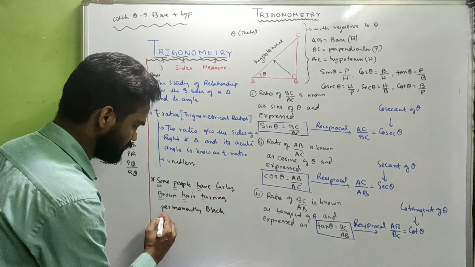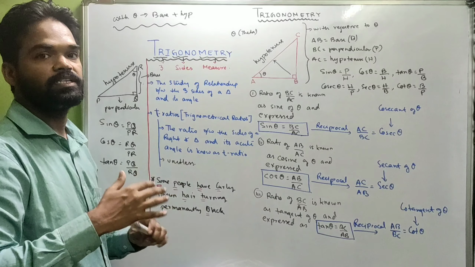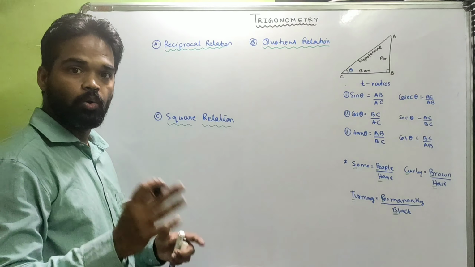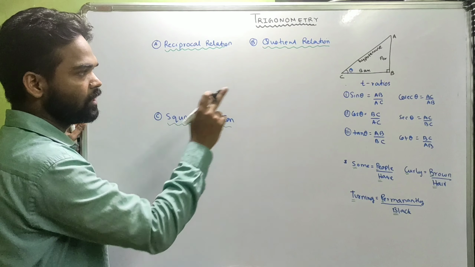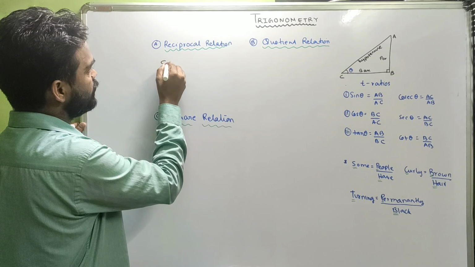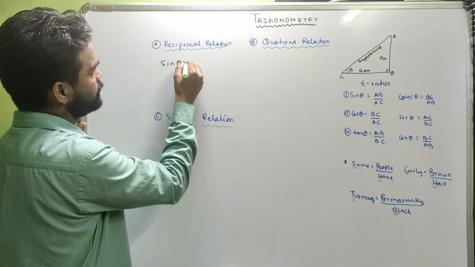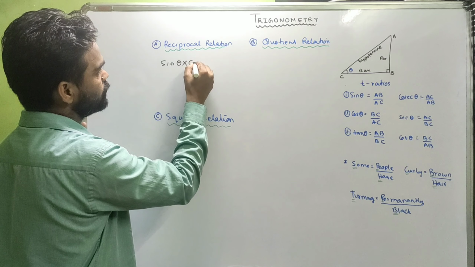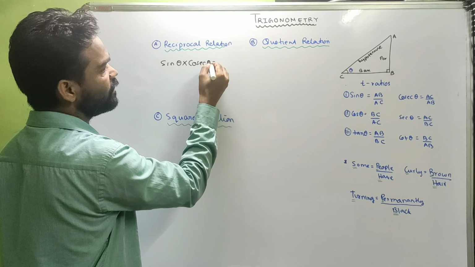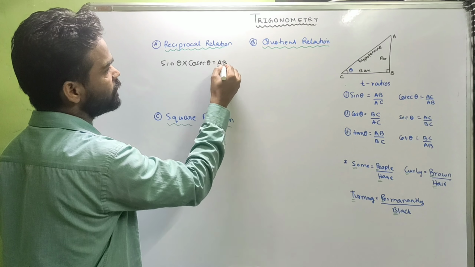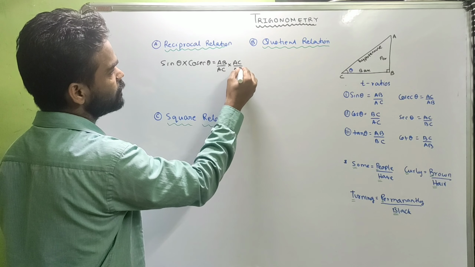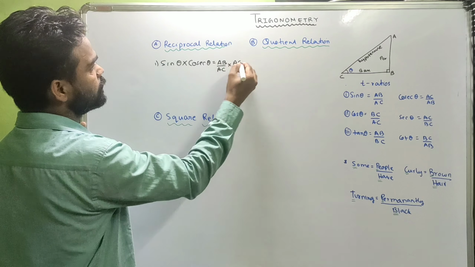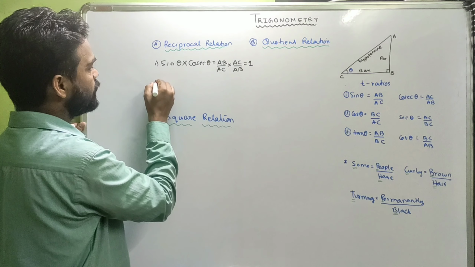Now let us see a few more relations between these T ratios. Look at these three relations. The first one is the reciprocal relation. If I multiply sine theta and its reciprocal cosec theta, definitely I'll get 1, because this is AB by AC multiplied by AC by AB, which will be equal to 1, no doubt in that.